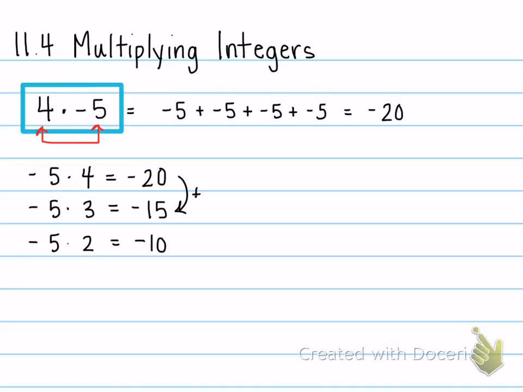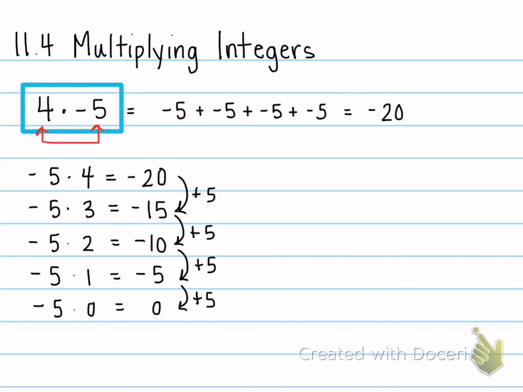Actually, up by 5 each time. -5 times 1 is -5. -5 times 0 is 0. So again, we're going up another 5 and up another 5.